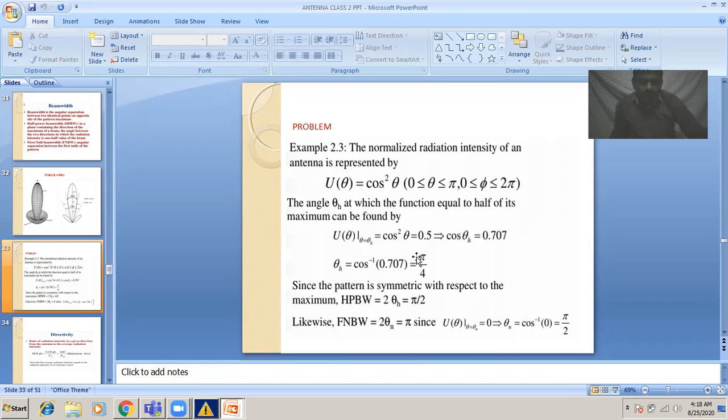Or otherwise, in order to take the null direction, what is null direction? Null direction is the direction in which there is no radiated power. So therefore this cos square theta can be made equal to 0. So in that way also you can calculate. So there you can get that U of theta is made equal to 0. Therefore theta is coming about pi by 2.